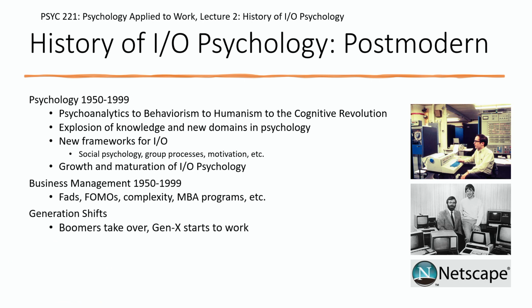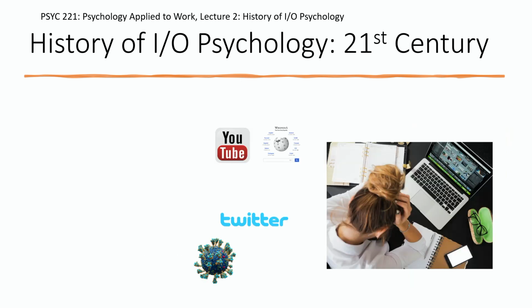You had Gen Xers like me starting into the workplace. And then maybe the biggest driver of change, the dawn of the digital, and the massive amount of change that computers and everything they touched brought. They tended to automate, which caused jobs to disappear and a whole bunch of jobs to appear that didn't exist before.